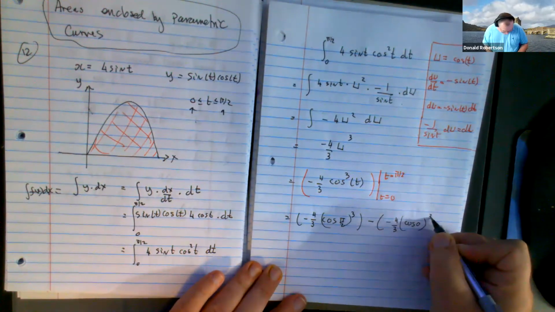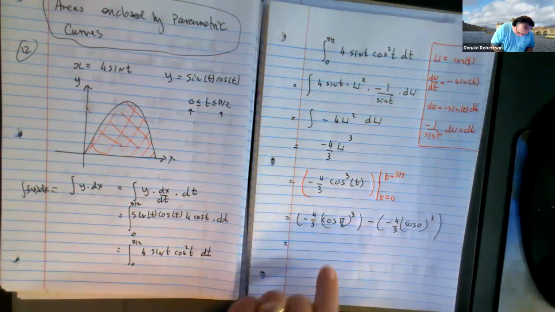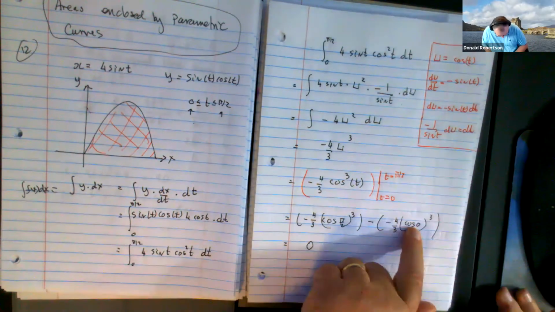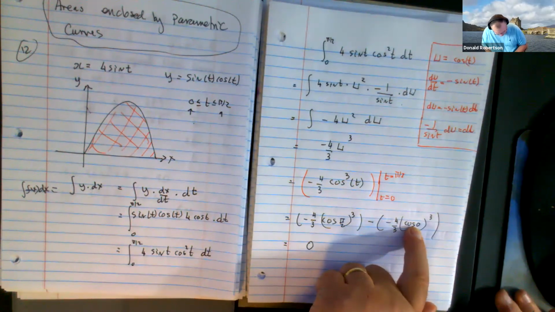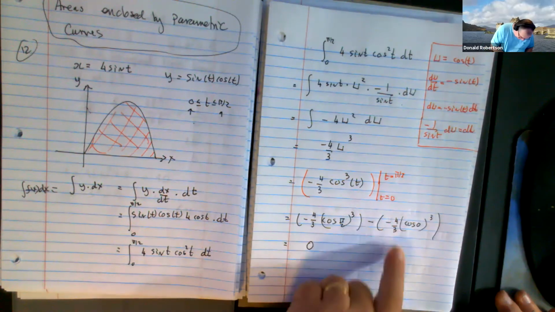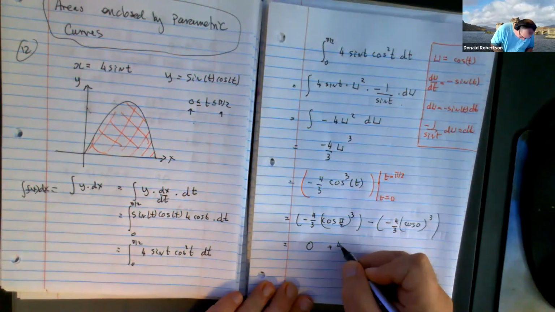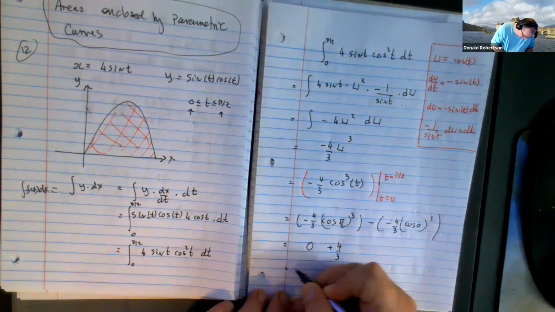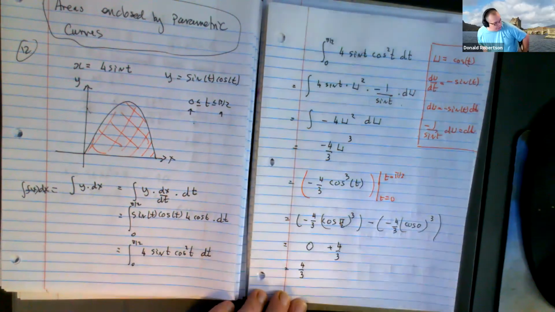And that guy is nothing, so the whole thing is nothing. And this guy is 1, and 1 cubed is still 1, and negative 4/3 times 1 with another negative ends up being plus 4/3, and the answer we get is 4/3.